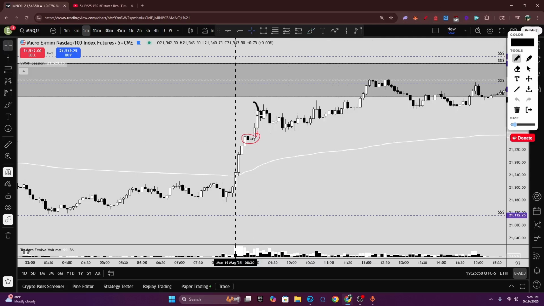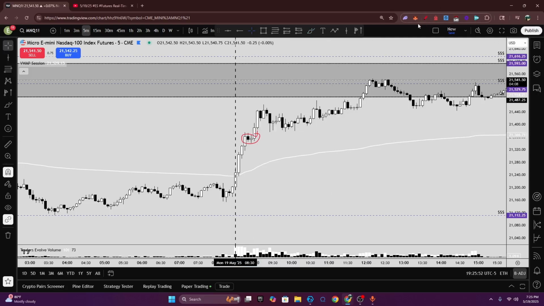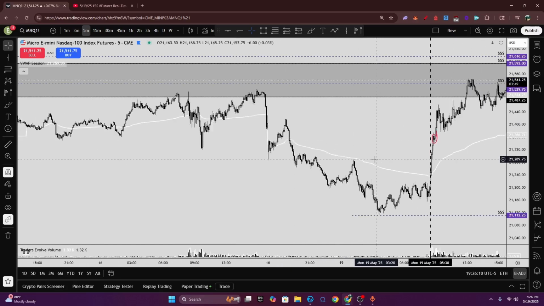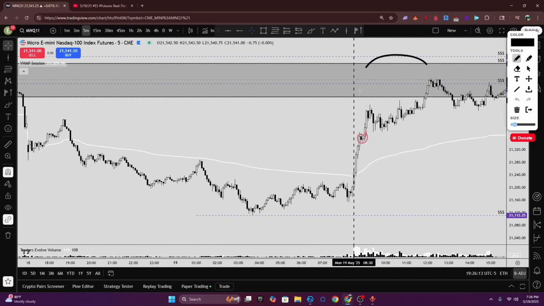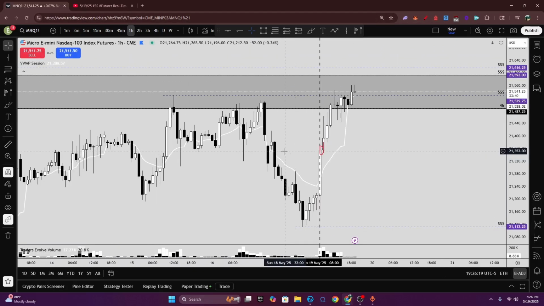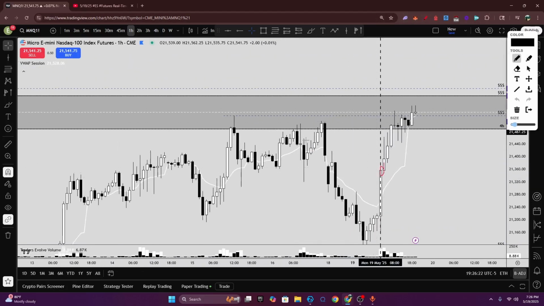For the rest of the day, we just saw really choppy action within the markets, which we can take a look at. We have footprint and Bookmap as well, but this looks to be a typical choppy Monday within the market. Regarding the overall structure on the higher time frames, we did have a 4-hour zone here on the charts, but regarding the shorter time frame, we did have a 1 hour.